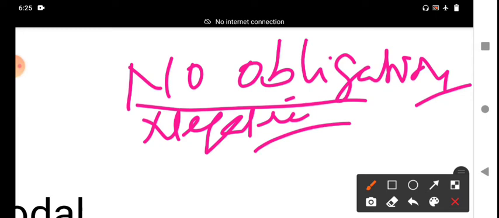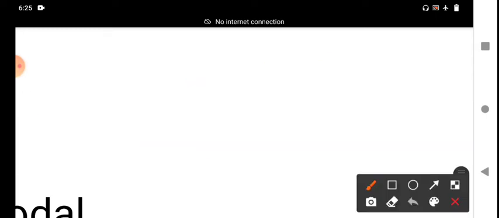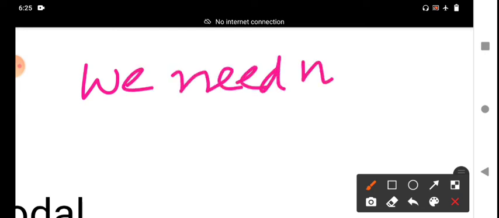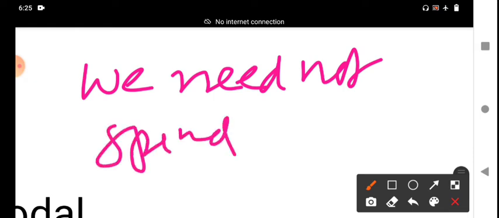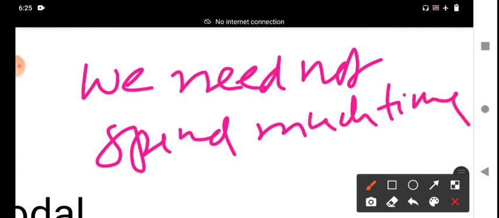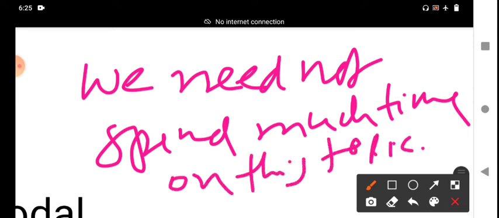For example, no obligation, the function of need as a modal verb. We need not spend much time on this topic.